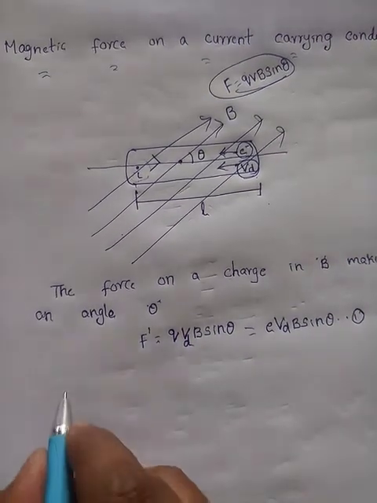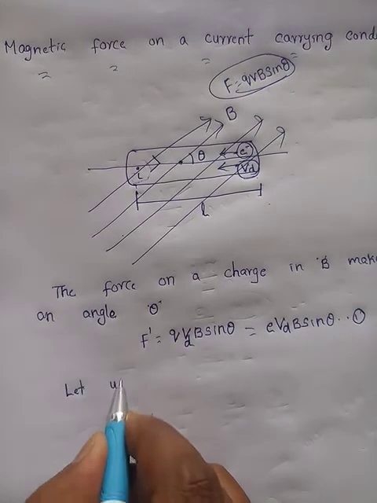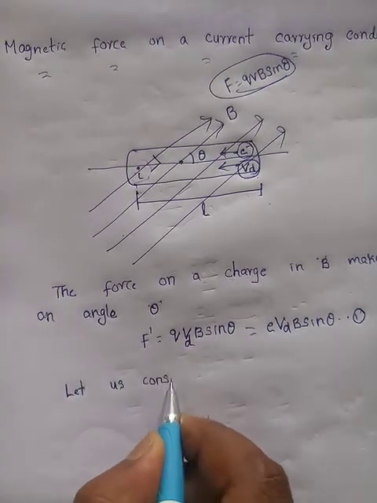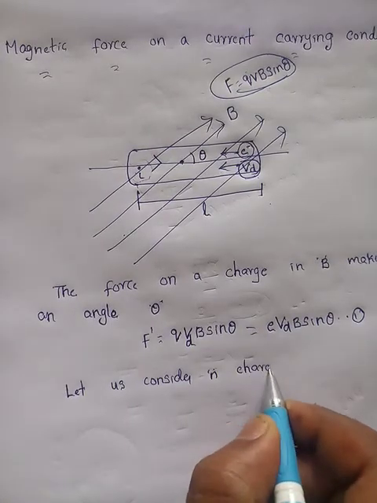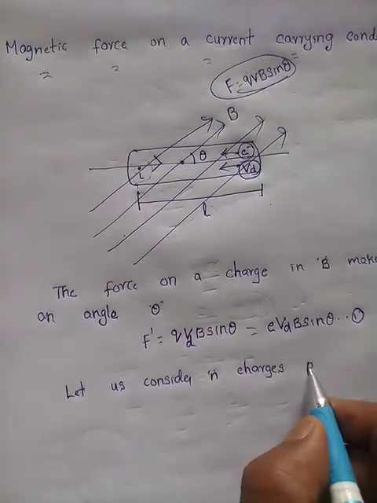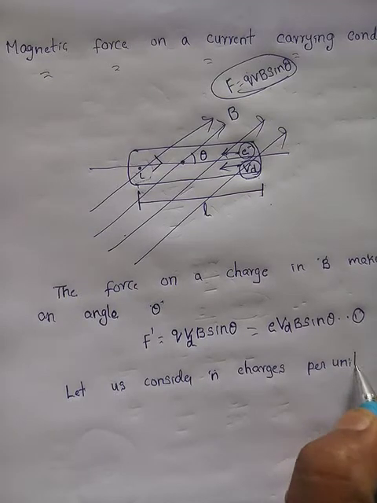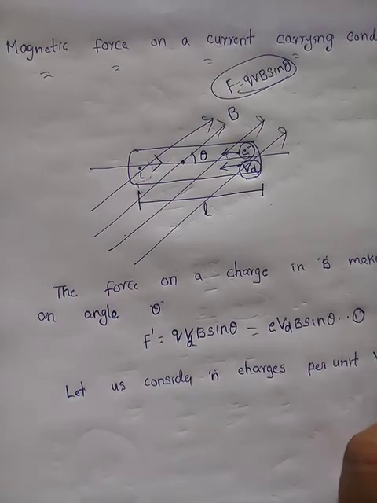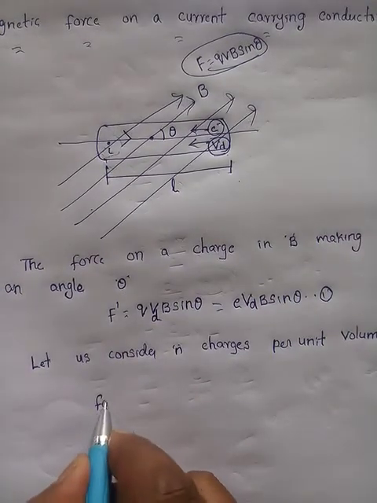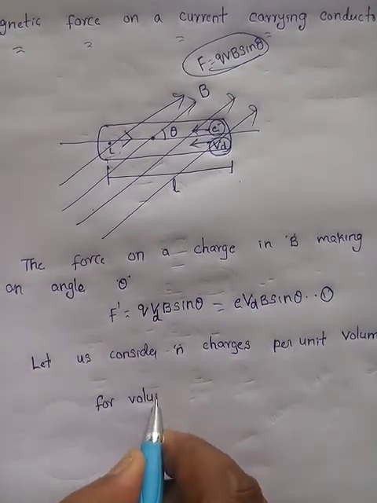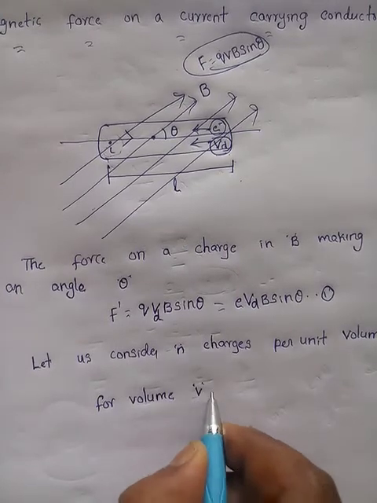Let us consider n charges per unit volume. So, in this conductor, how many charges are there? Per unit volume, n charges. For a volume V, how many charges will be there?